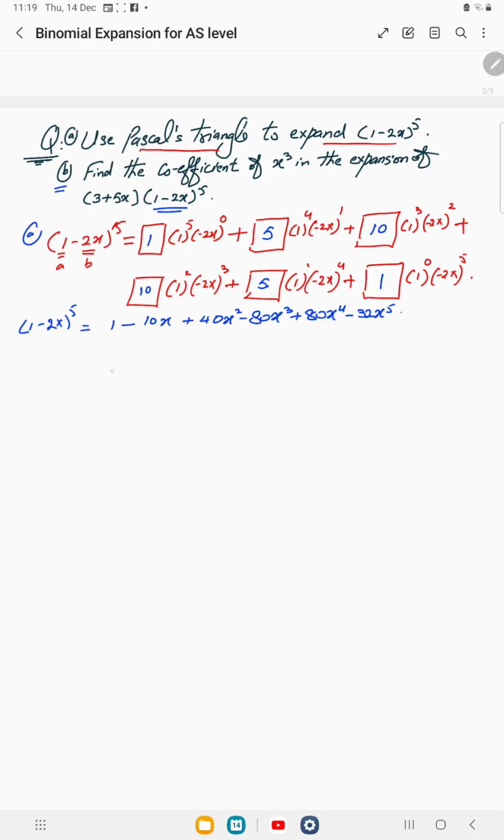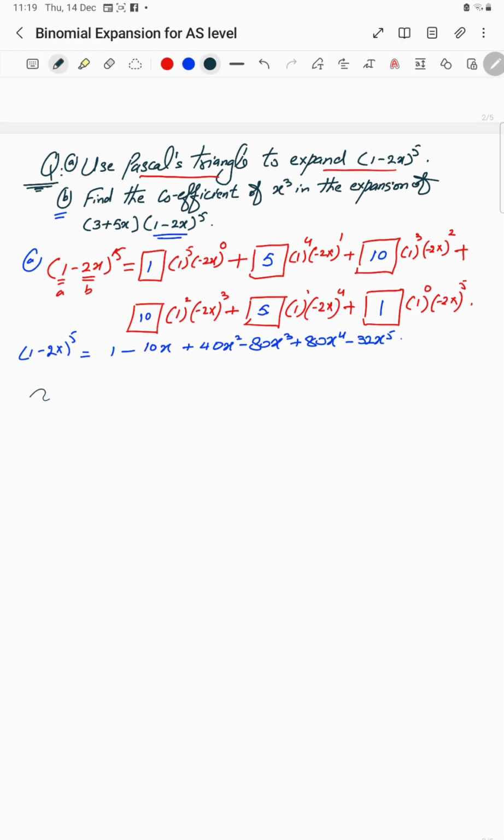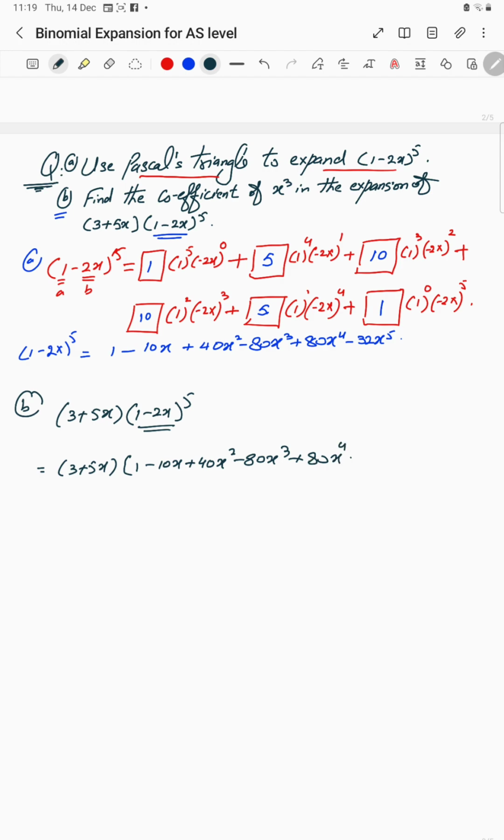Okay, for part B, we have to find the coefficient of x3 in the expansion of this one times 1 minus 2x power 5. So let it be 3 plus 5x because power 1. And the result of this one from part A, we will write 1 minus 10x plus 40x square minus 80x3 plus 80x4 minus 32x5.